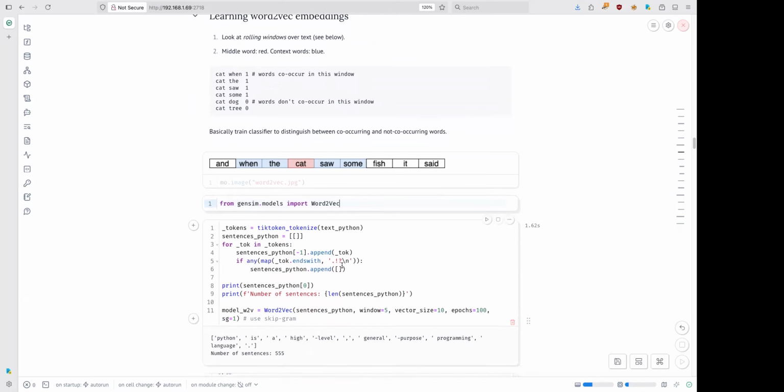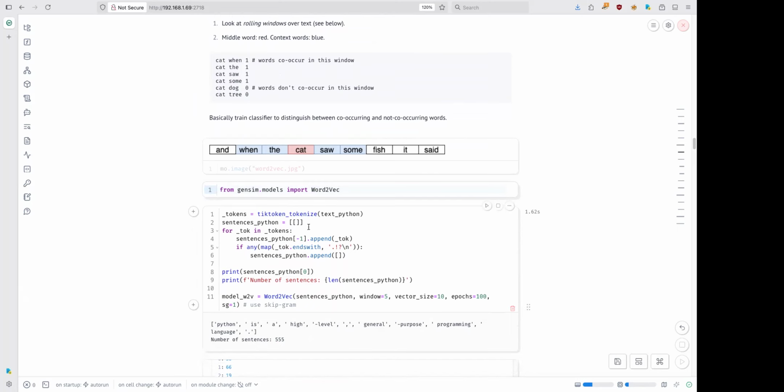For this to work, we need to split our text about Python into sentences or pieces of text. So I randomly split this on exclamation points and new lines and stuff like this. This is a design decision. You decide how to split your text.